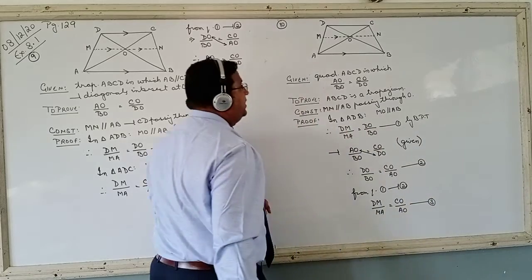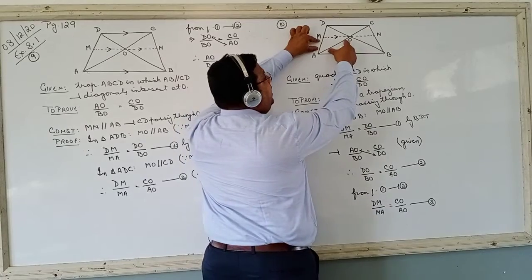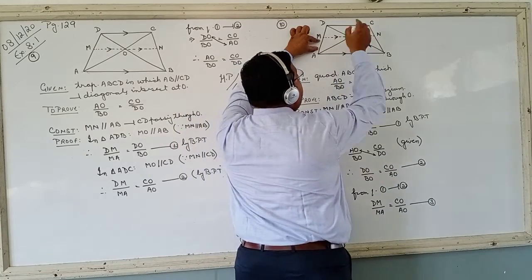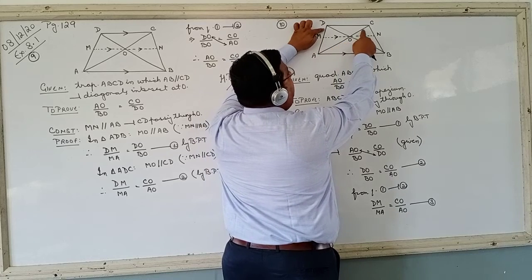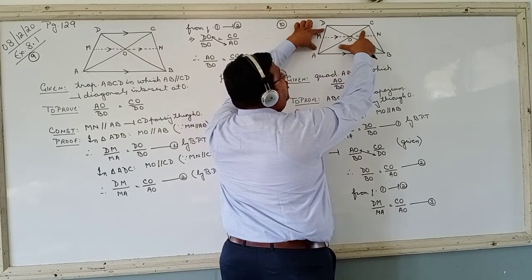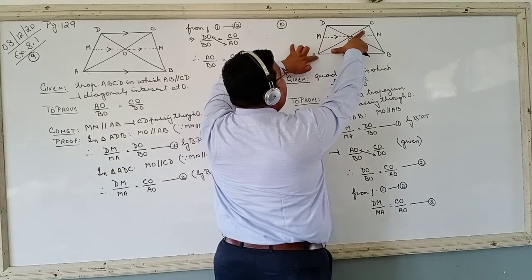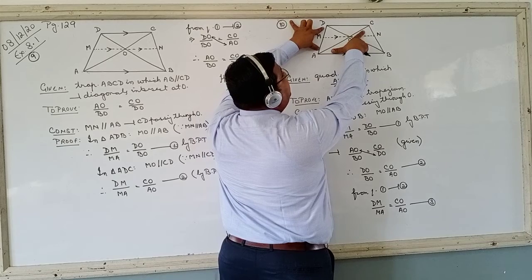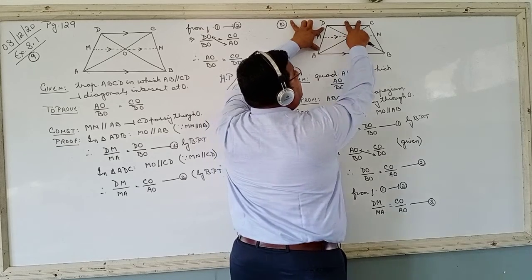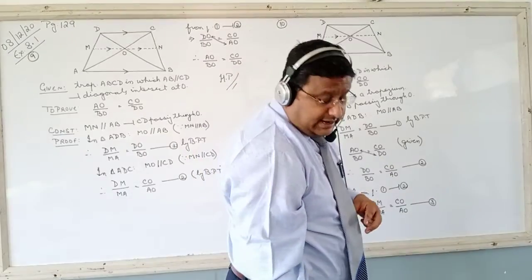DM upon MA equals CO upon AO. Which two sides of the triangle are in the same ratio? Triangle ADC. If two sides of a triangle are divided in the same ratio, then the line is parallel to the third side. By which theorem? Converse of BPT, isn't it?